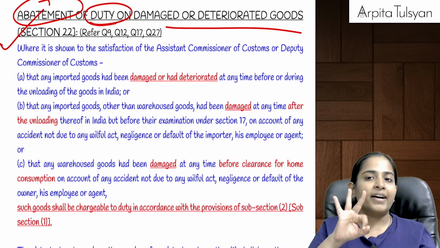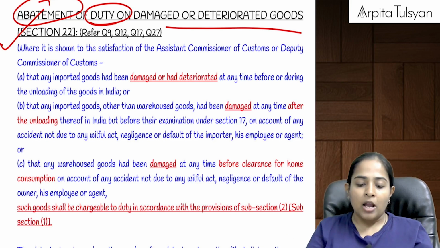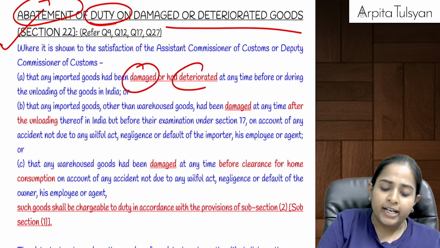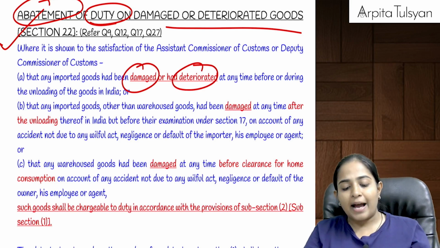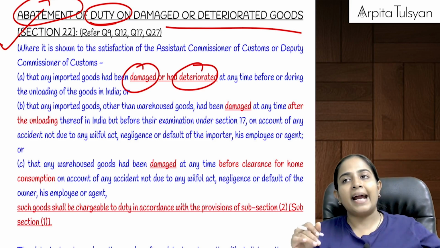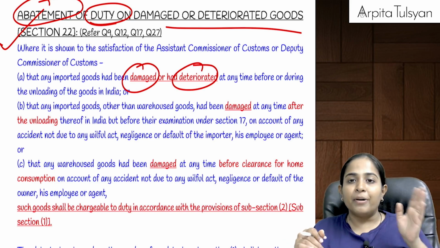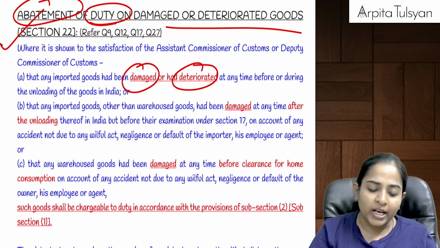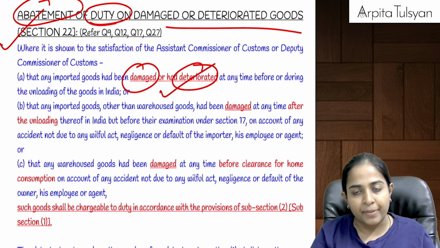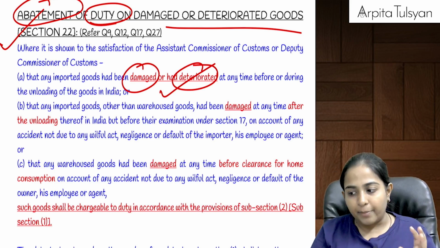Now this is divided into three parts. First one, if damage or deterioration, any one of it, has happened at any time before or during unloading, then you will be allowed abatement.